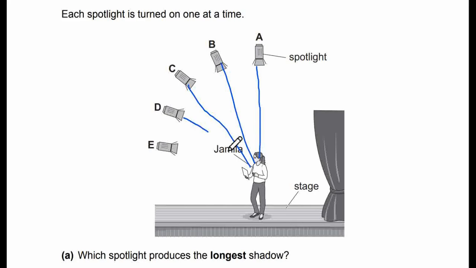This is also more flat, and this is almost an example of the sun casting the shadow. As we know, the sun at 12 o'clock has the shortest shadows, while the sun in the early morning, like here, in the lower position, will cause the longest shadow. So the longest shadow will be produced at position E.